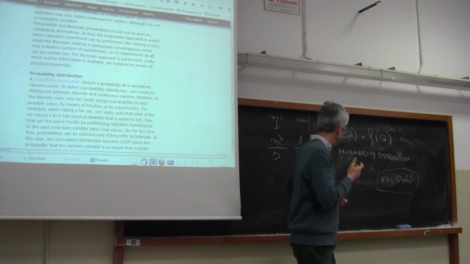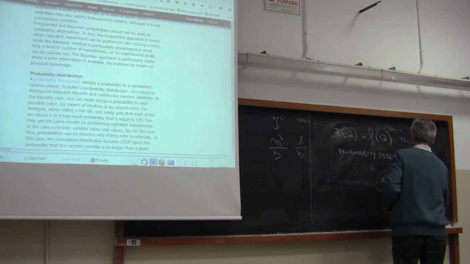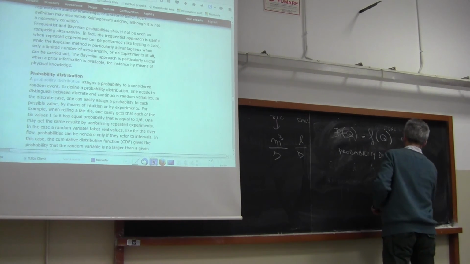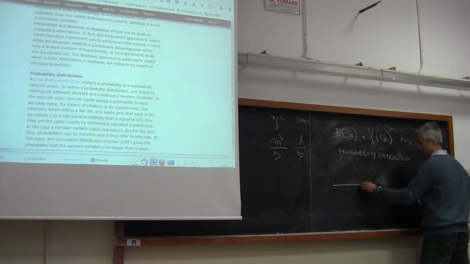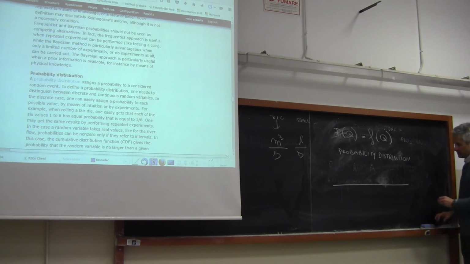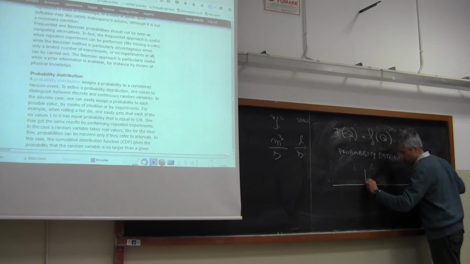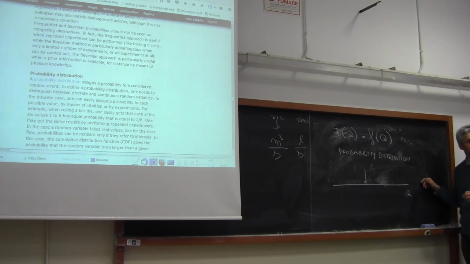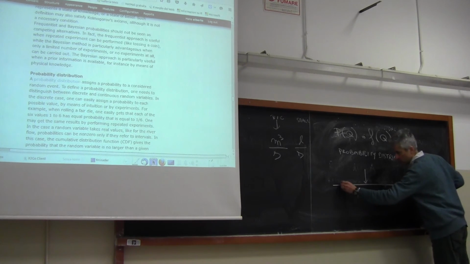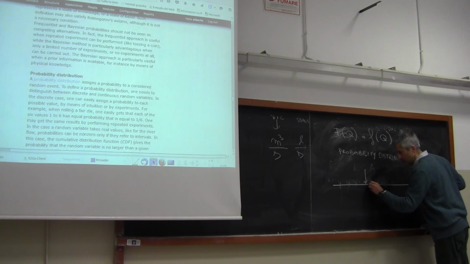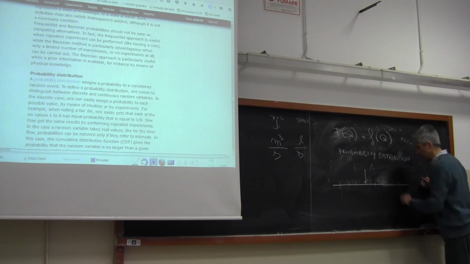So the only way, because you are dealing with a real axis, so this is Q, and basically when you get your observation you fall here, the only way of counting these outcomes is to divide the real axis in intervals, so to make the real variable discrete.